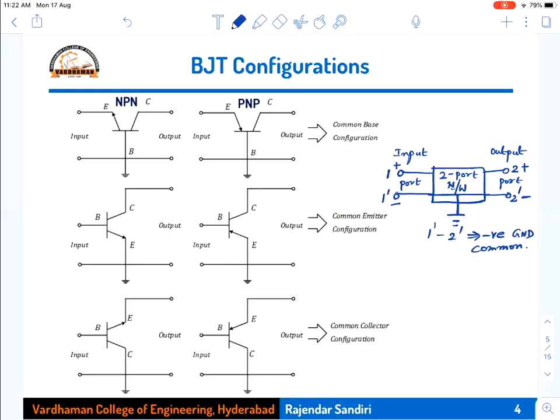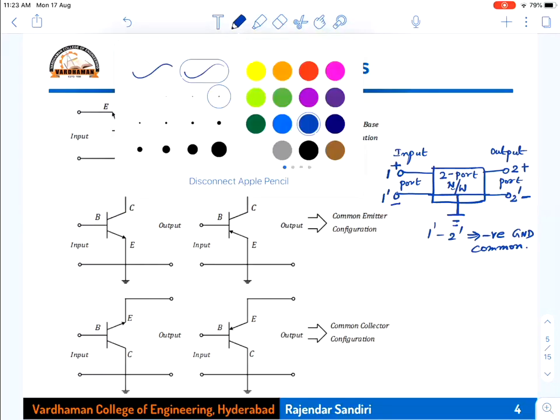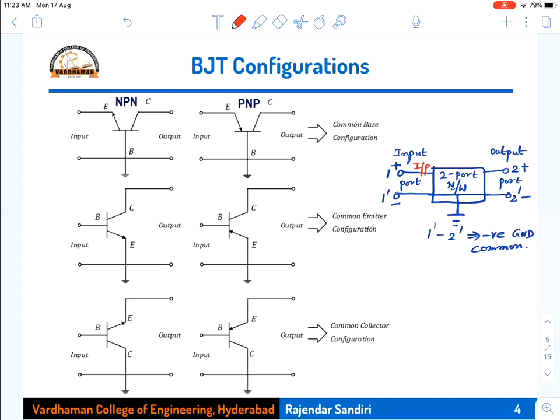Now the positive terminal on the input side is the input, the positive terminal on the output side is the output, and the negative terminal on either side is the common or ground.